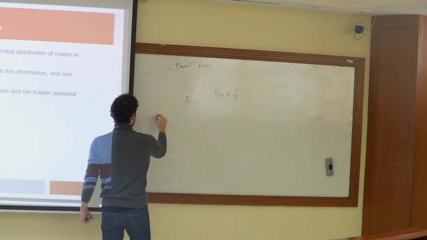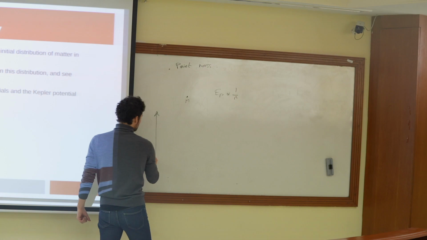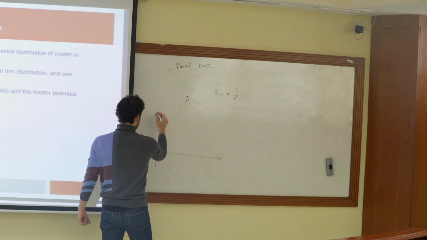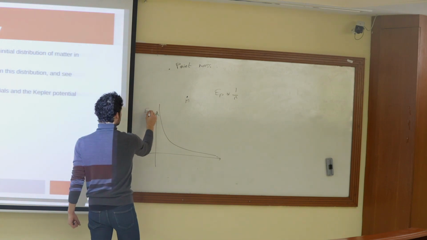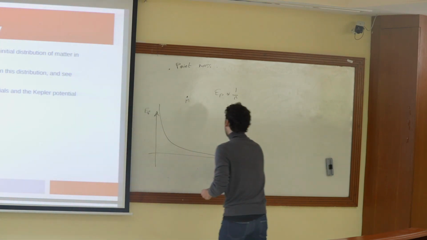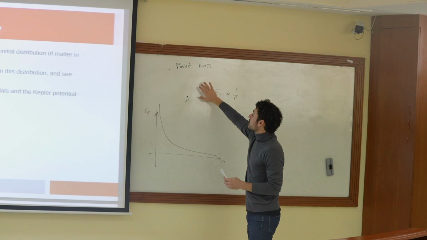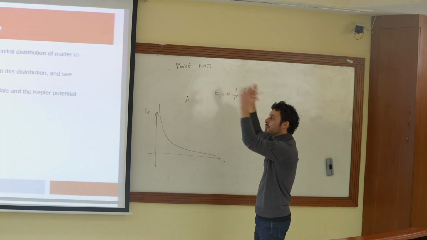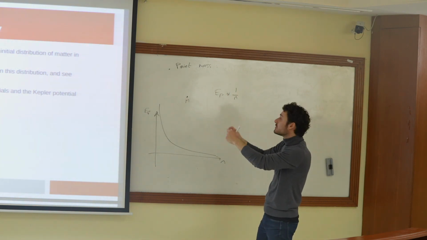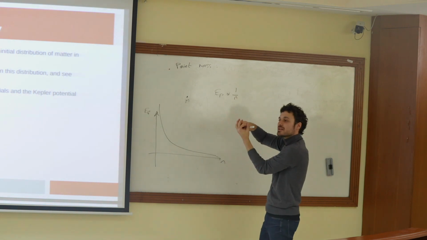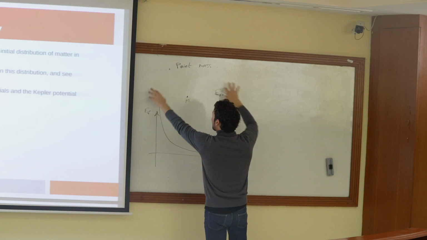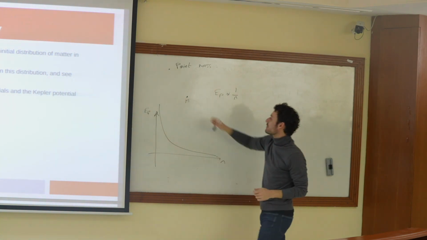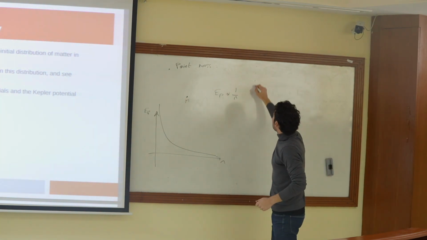So basically it goes something like that. The idea is that you pick the distribution of matter. In this case, everything's concentrated at the center, and this gives you how stuff around here will be affected by the presence of the matter.